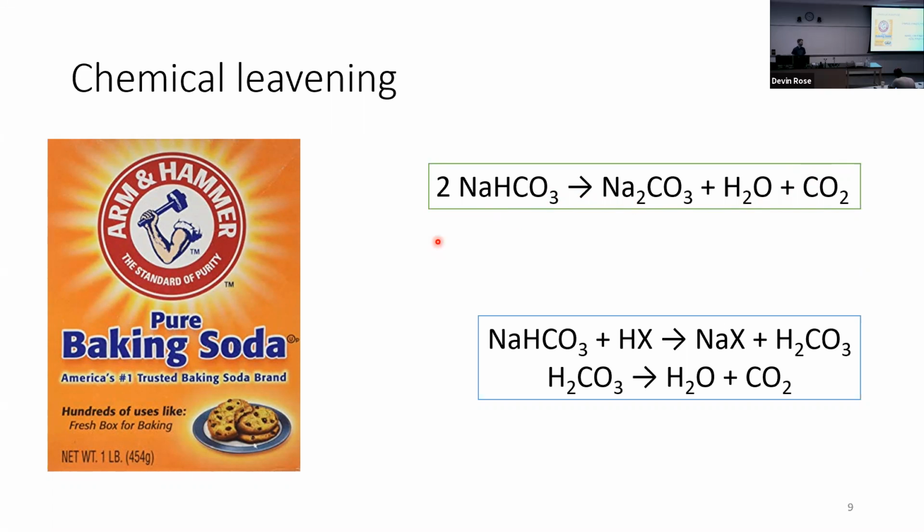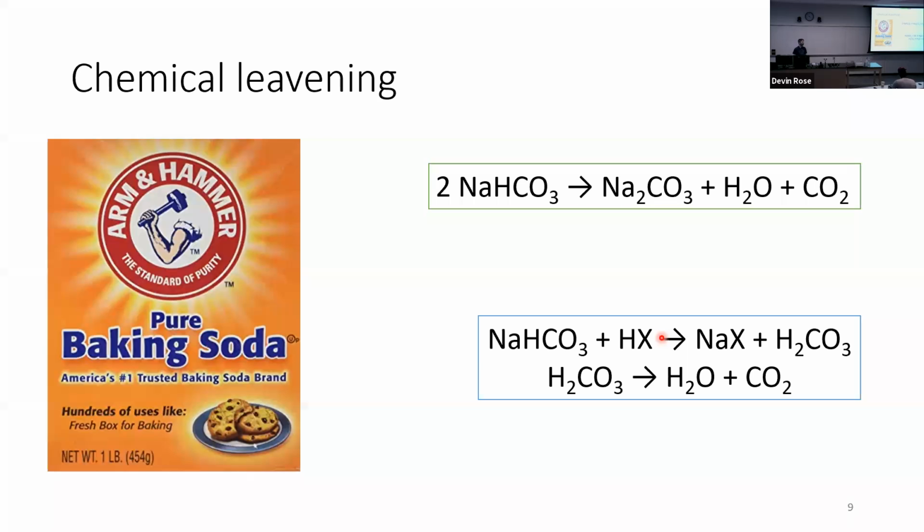More commonly, though, we will mix an acid there with the sodium bicarbonate. So this equation down here is showing what happens when we have an acid present. We have sodium bicarbonate and any acid. I just have this X for this acid.